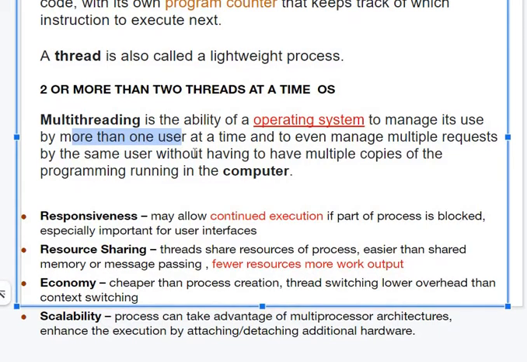Generally, what should we think of as threads? The general perception is one thread means one user. Just imagine I type Google and hit live cricket score.